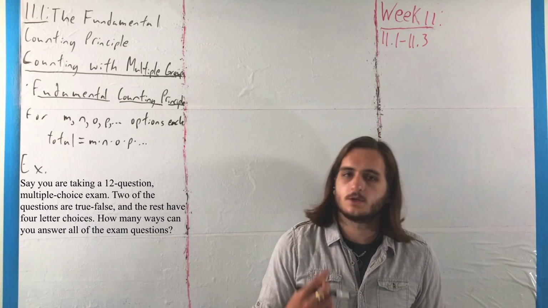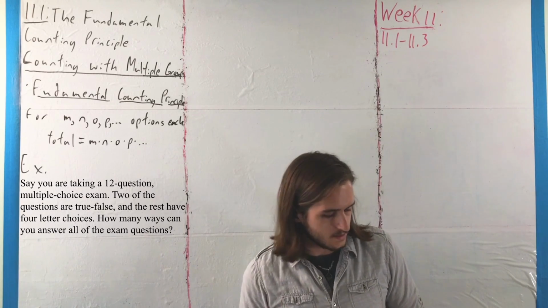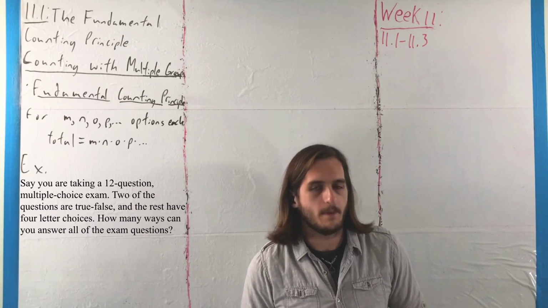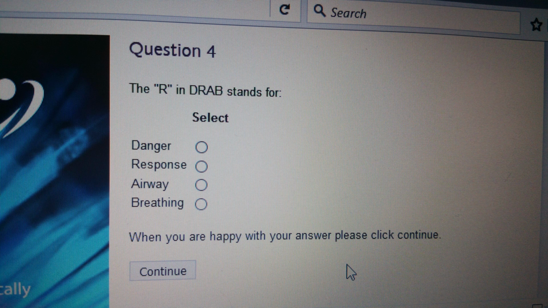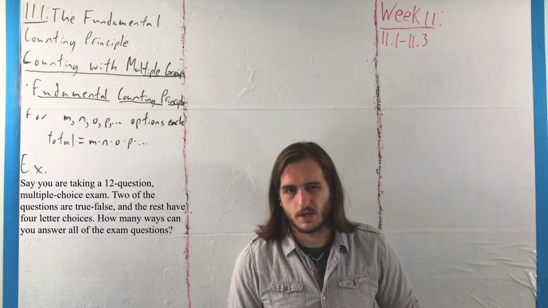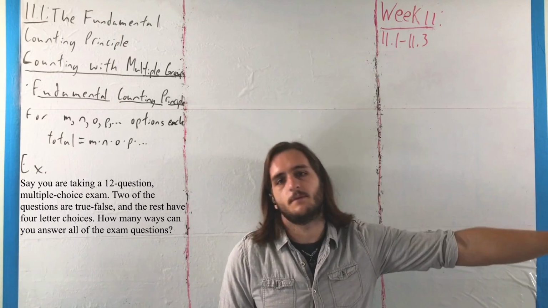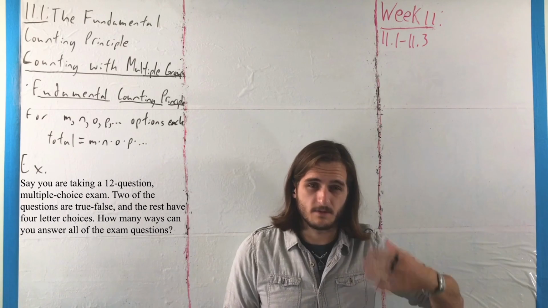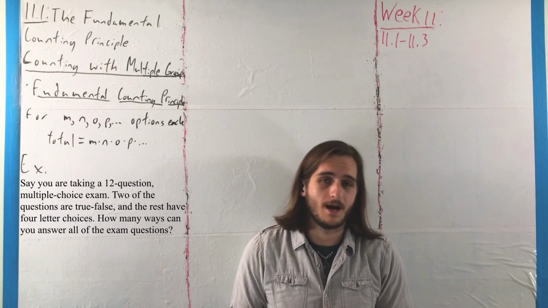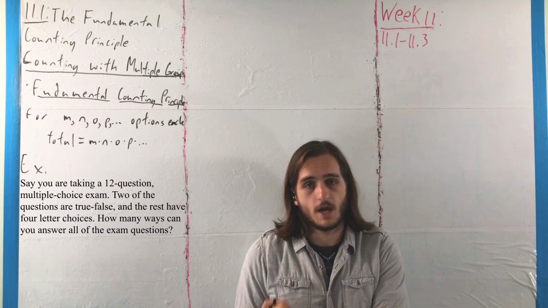So with something like this, we should understand that technically speaking, a lot of these options don't matter. Like if you're taking a test carefully, if you really understand what a question is asking you, you should be able to tell that at least one of the answers on many of them is worthless, and there's really only a couple that matter, but we're taking all of the possibilities here because that's the way we have to think about things in terms of the probabilities that we'll get to later on in this chapter.